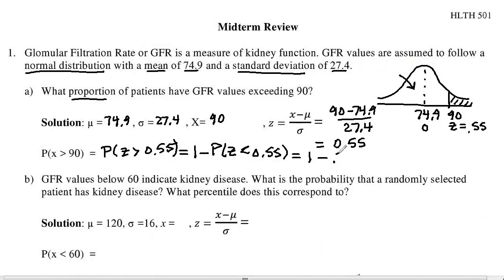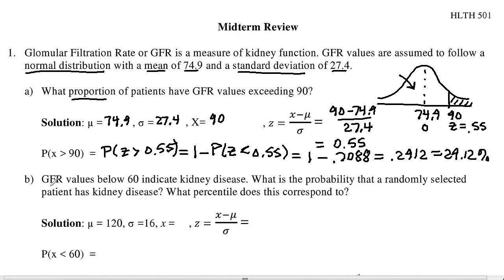So this is 0.7088. And if you subtract those on the calculator, you will get 0.2912. So 29.12%. So that's the proportion of the data that's above z equals 0.55, which corresponds to the proportion that's above 90.